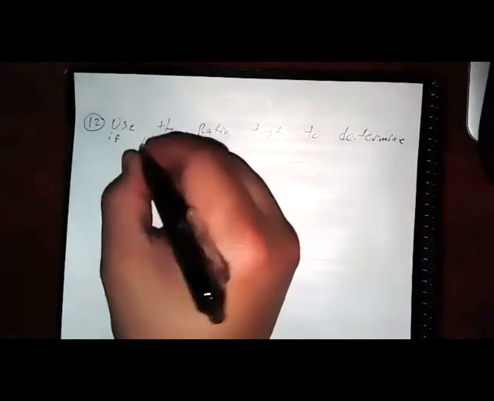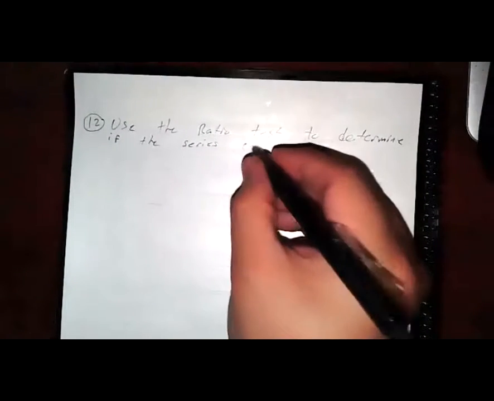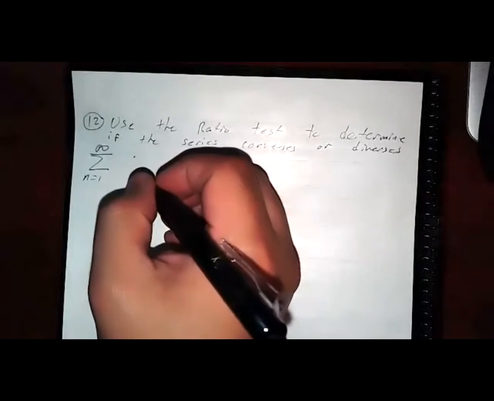To determine if the series converges or diverges. So here's a series from 1 to infinity of n factorial times e to the negative 7n.